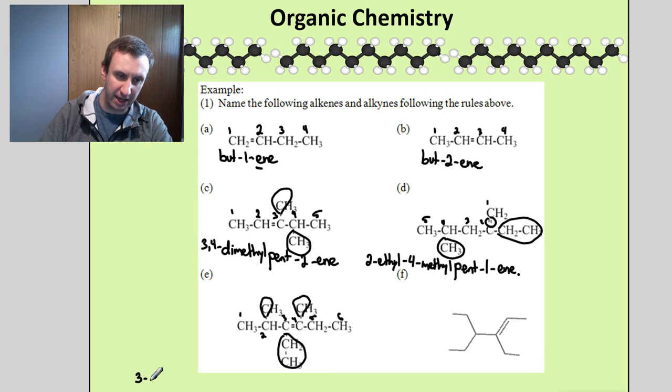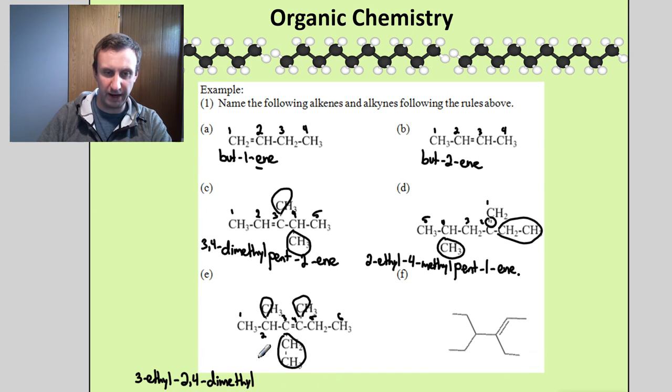So I have 3-ethyl, 2,4-dimethyl. And then I've got hex, because I have 6 carbons in my parent chain, 1, 2, 3, 4, 5, 6. So I've got hex-3-ene. 3 because my double bond is on carbon number 3 right there. So that would be the full name for this guy.